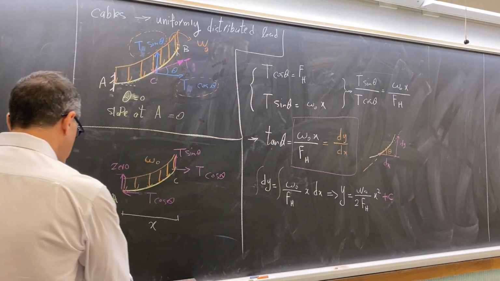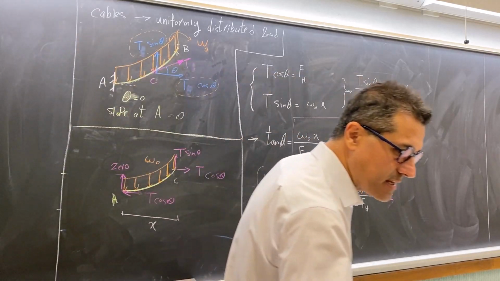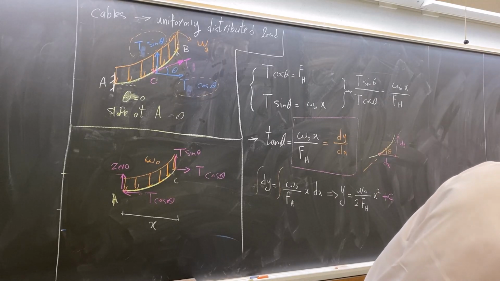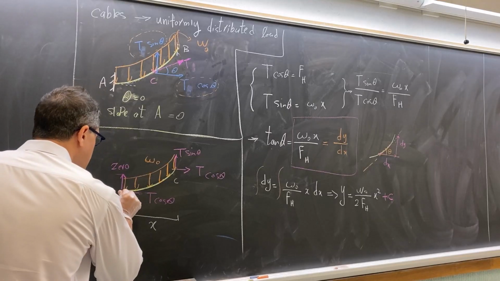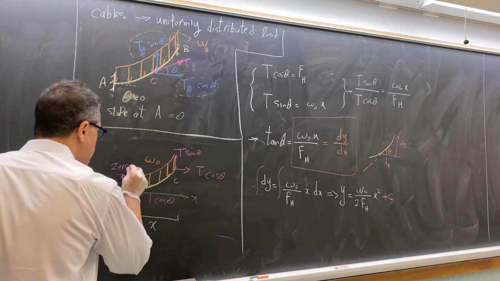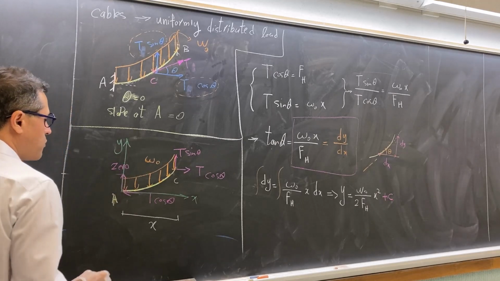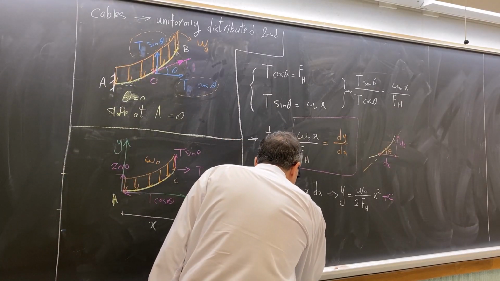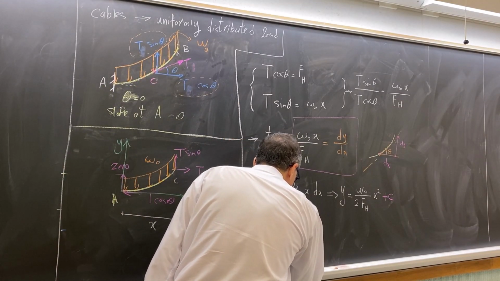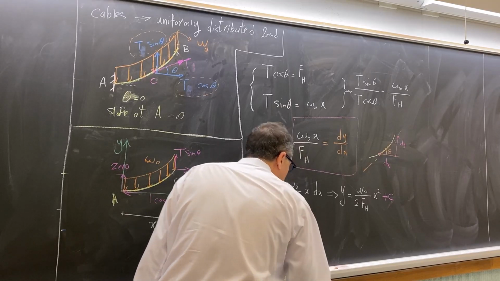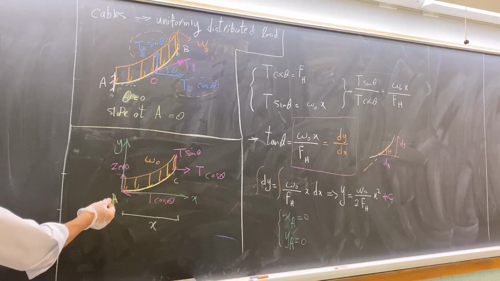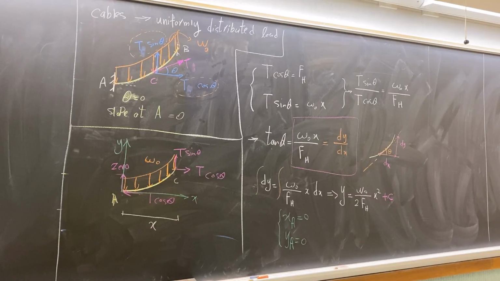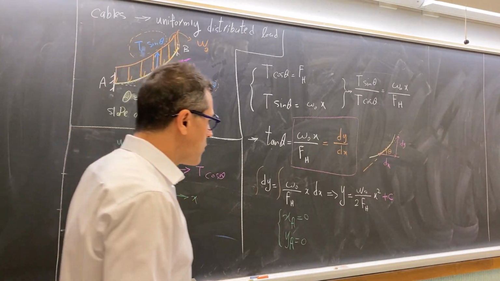If you consider point A as the origin of this system, I use green color. So it means this is X and this is Y. So point A is the origin of this system. Then I can say for point A, X is 0 because it is origin. Y is also 0. So we consider the left corner of the segment to be the origin of the coordinate system. It means point A is the origin, so x and y are 0.